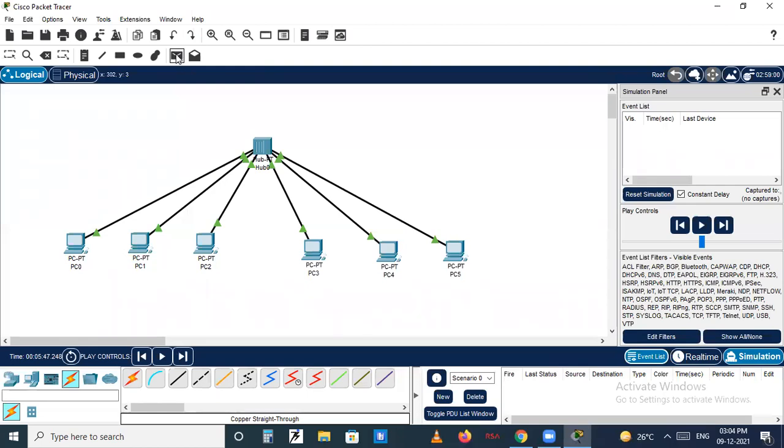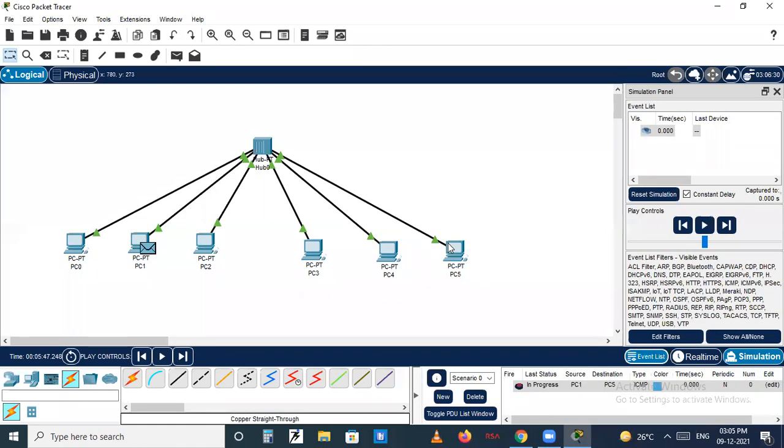I have taken a small data packet from here and I am putting it on the last device with which I want to start communication. Show all, and then start. So it will show you it's really working.